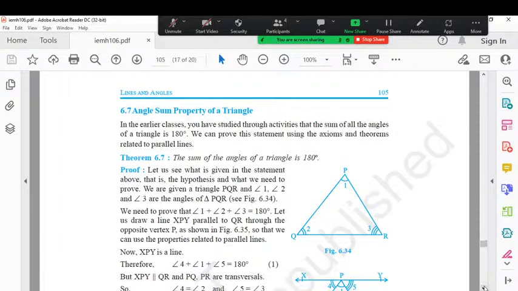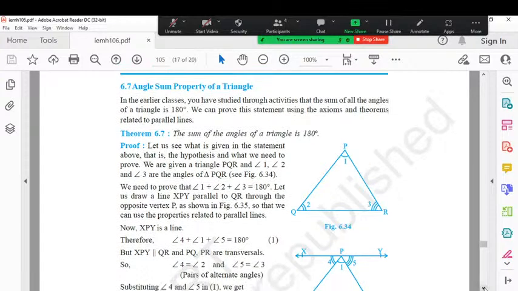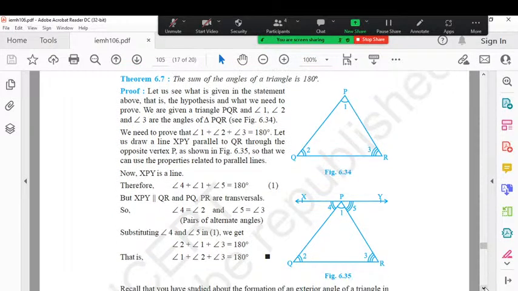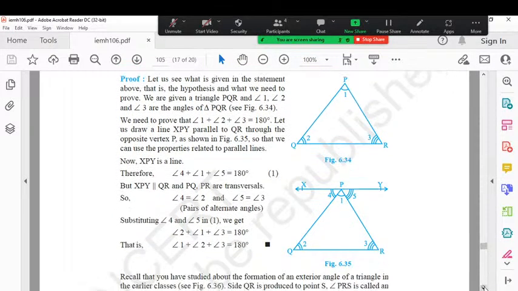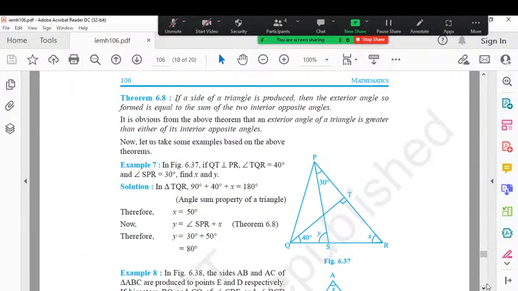Here we are going to use the sum of angles of a triangle is 180 in much detail. Here we are going to use the exterior angle property as well in much detail. This exercise 6.3, we are going to use these two properties that I have already explained in much detail.